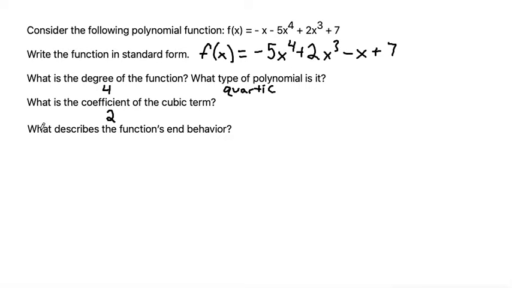And then the last question asks, what describes the function's end behavior? So I like to use a little chart when I'm determining end behavior. I like to use a chart that uses the degree, whether the degree is even or odd.